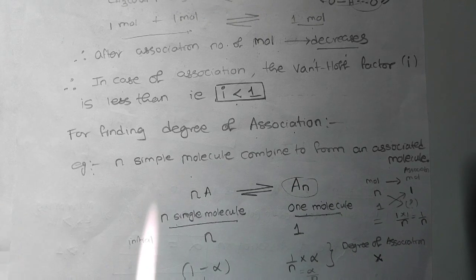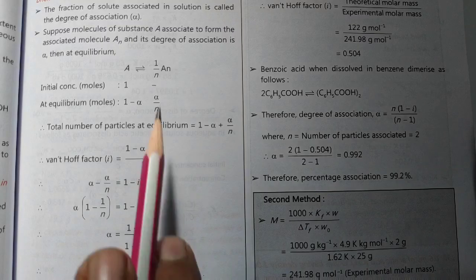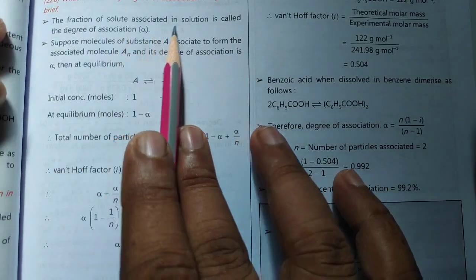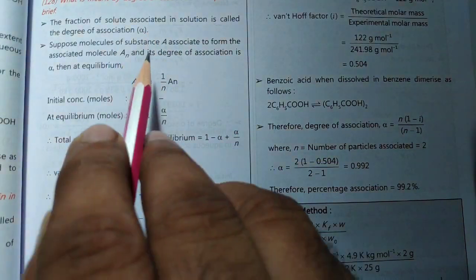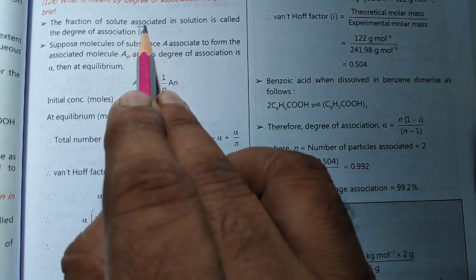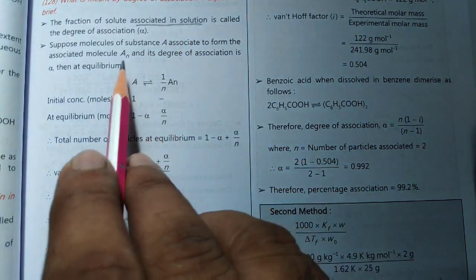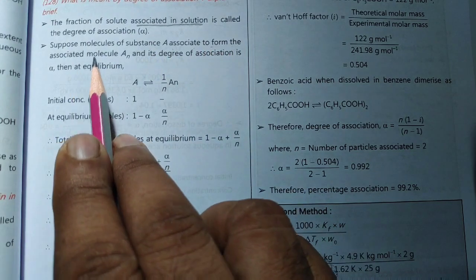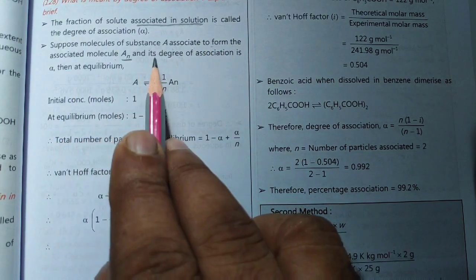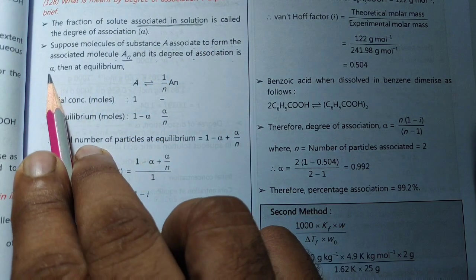Now for this we will go through another part of the explanation. See here. The fraction of solute associated in a solution is called the degree of association. Associated means combined. Suppose n molecules of A associate to form the associated molecule A_n, and its degree of association is alpha.